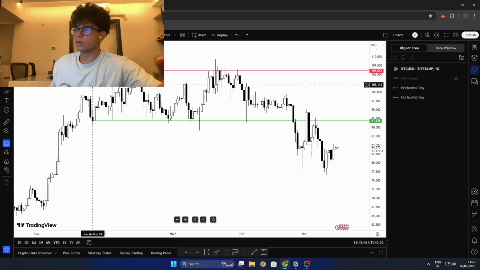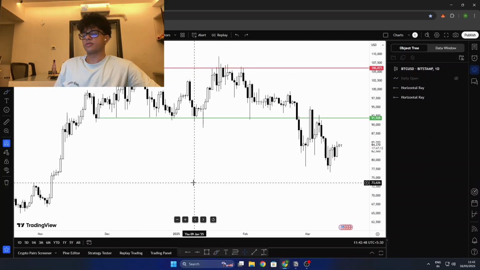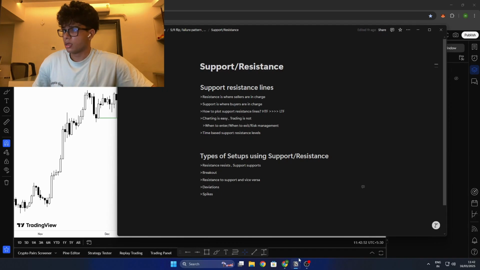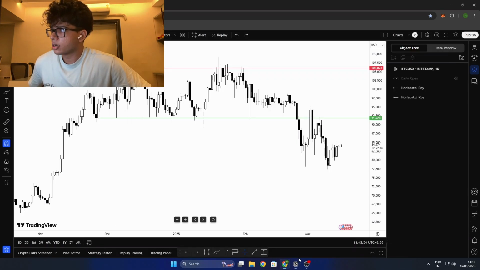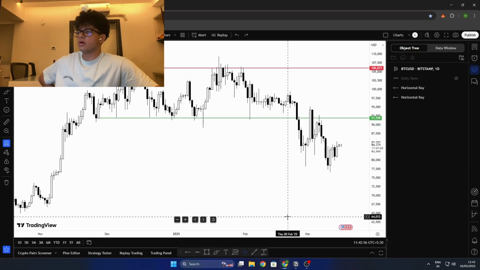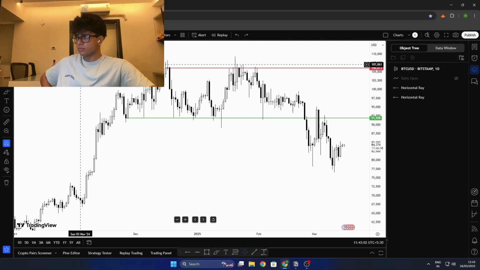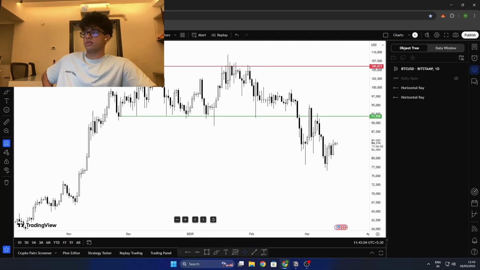Anyway, while plotting any levels, you should always give importance to higher time frames. Personally, I do not like to go below 4 hours to draw any support or resistance lines because your 15-minute support could be the weekly resistance and stuff like that.